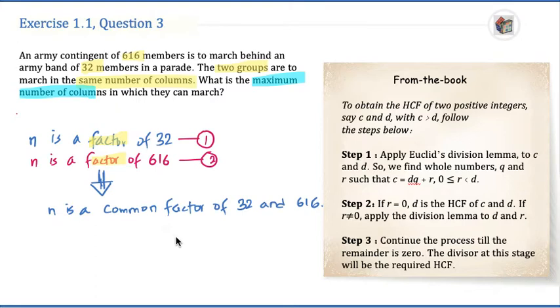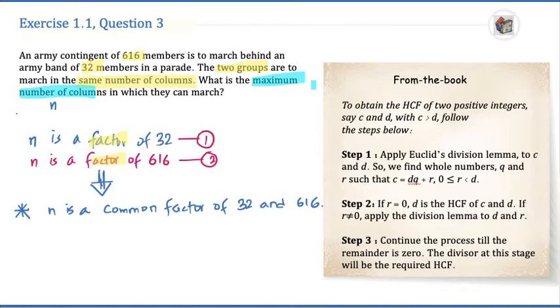Wonderful. We're getting closer and closer to what we want in this question. Think about it. What is this n? N is really the number of columns. That's what we're trying to find, right? And we already have one property about this n. That is, it is a common factor of 32 and 616.